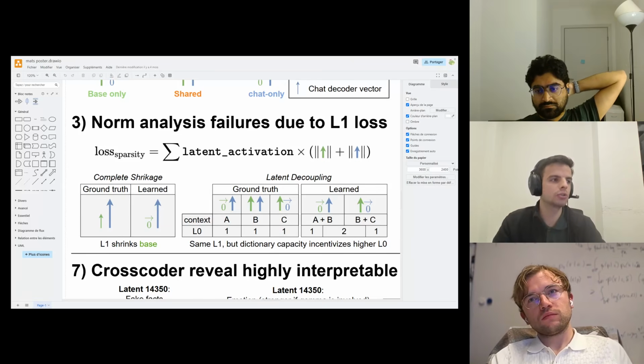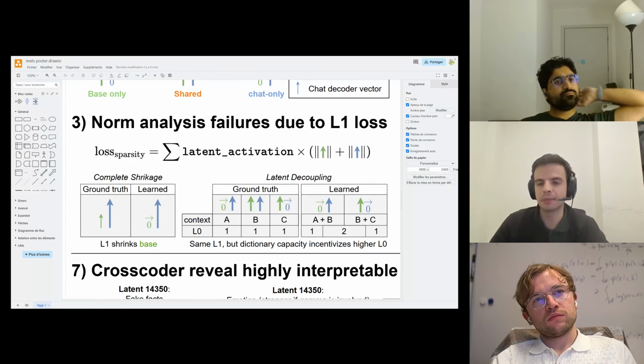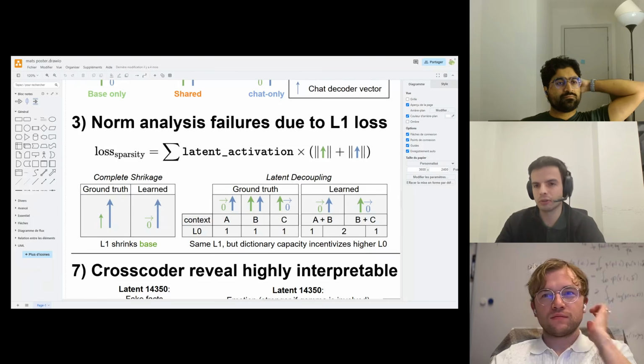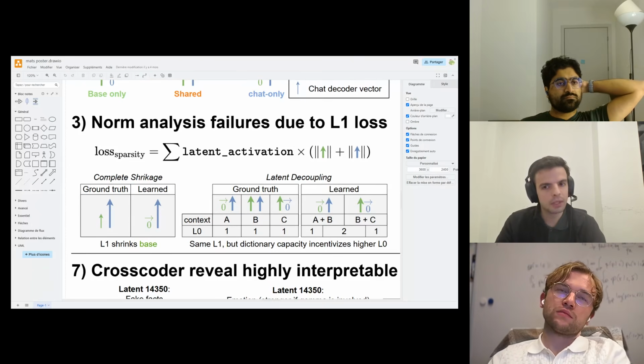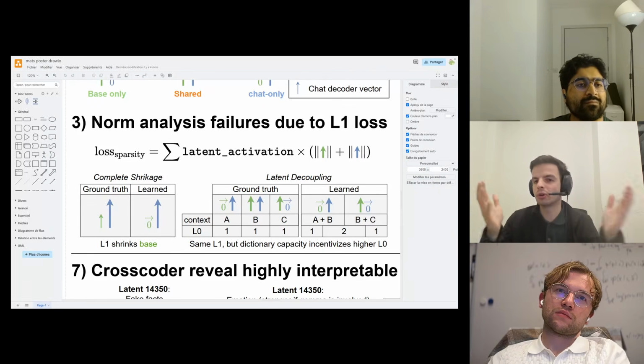And the second issue, we called latent decoupling. So here, let's take this example. Both the base and the chat model represent the concept of a dog. Maybe, you know, the base model, when it sees text about cats, will also represent the concept of a dog in superposition, because maybe the story continues with a dog or a cat, I don't know.